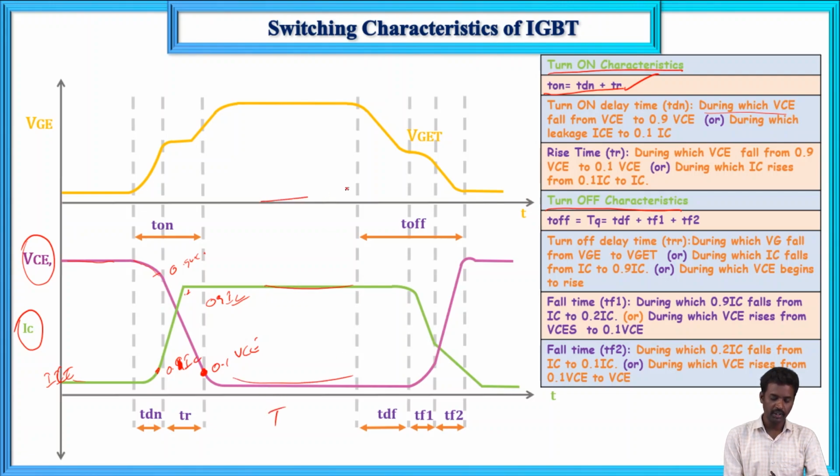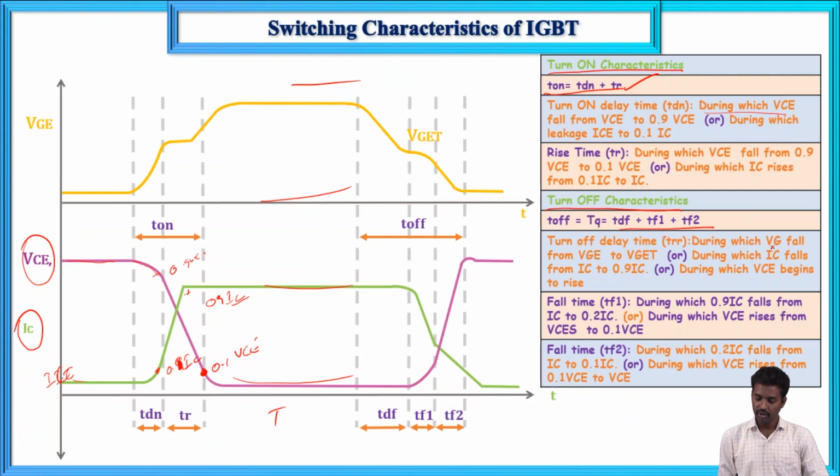After that, you need to turn off the IGBT. Here we have three times: turn off delay time, fall time 1 and fall time 2.